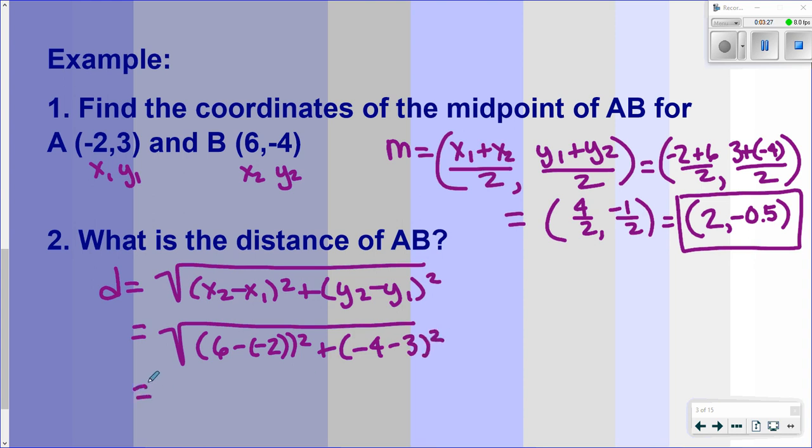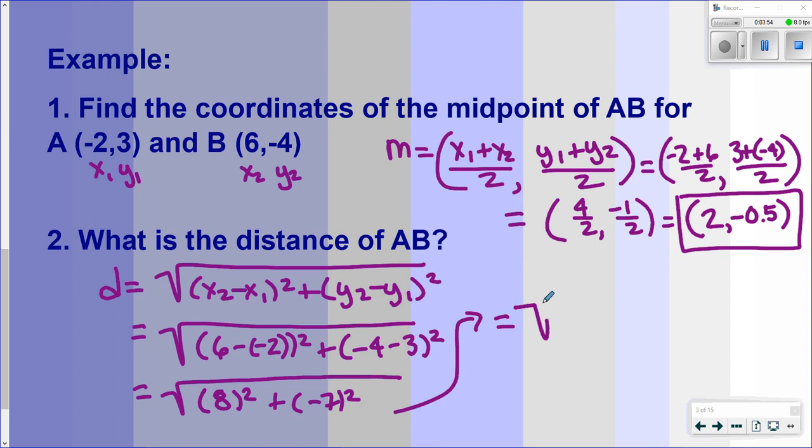And when you're simplifying, bring down the radical symbol. Do not just all of a sudden let it disappear like poof, like magic. Bring it down, because once you get to a more simplified number, you need to simplify the number underneath the radical. So this one will give you 8 squared, and this one will give you negative 7 squared. Again, you're bringing down the radical sign because we didn't do anything with it yet. 64, and this is 49.